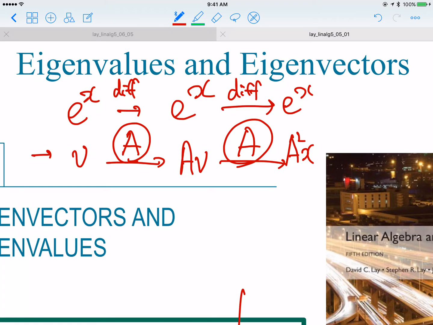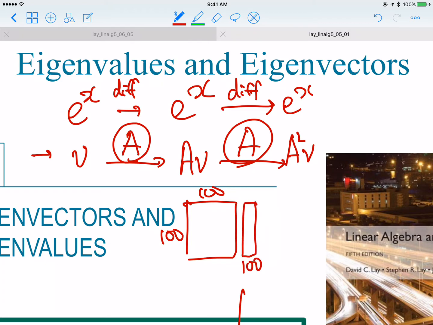And then you multiply A times V and A squared times V and so on. So let's think about this example: 100 by 100 and a 100-dimensional vector.